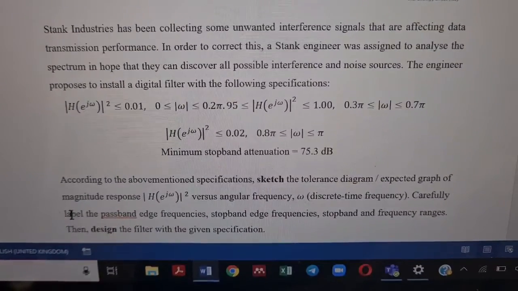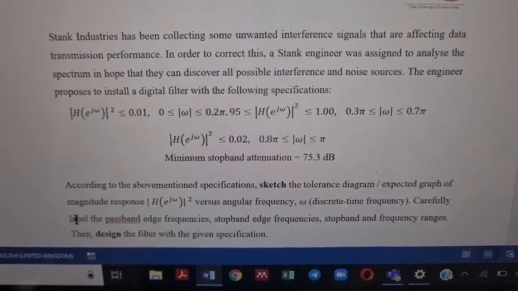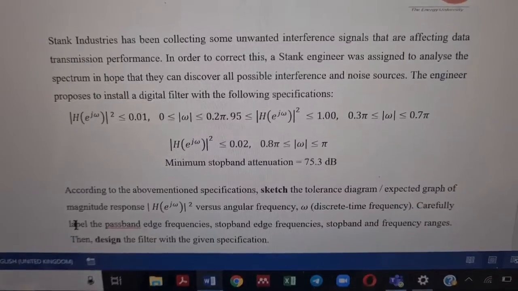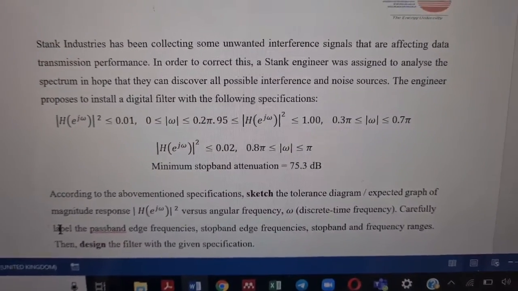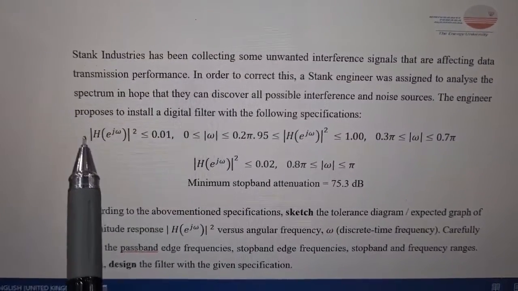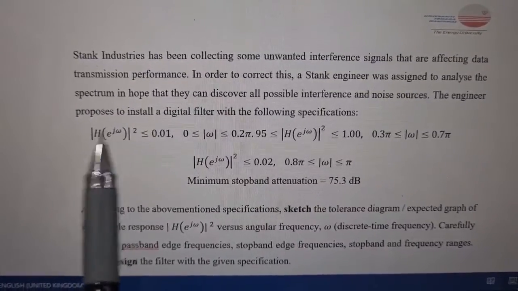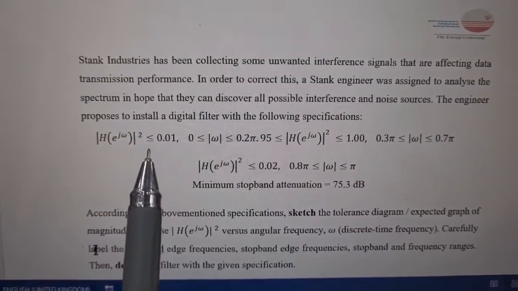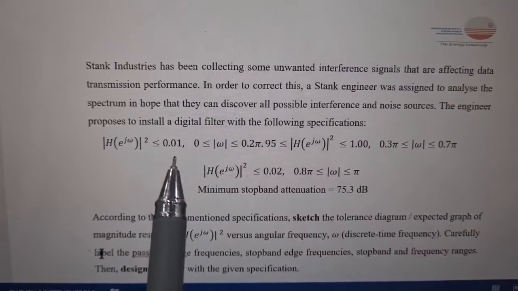We try to make a filter that cancels the interfering signals according to the criteria that appear here, for the equation |H(e^jω)|², which refers exactly to the magnitude, less than or equal to 0.01, sorry.